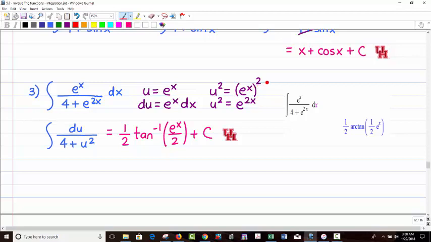E to the x squared is e to the 2x. You multiply the exponents. So u squared takes care of that one, and it falls perfectly into inverse tan, du over 4 plus u squared. So you have 1/2 arctan, inverse tan, however you want to say it, of e to the x divided by 2, plus c.